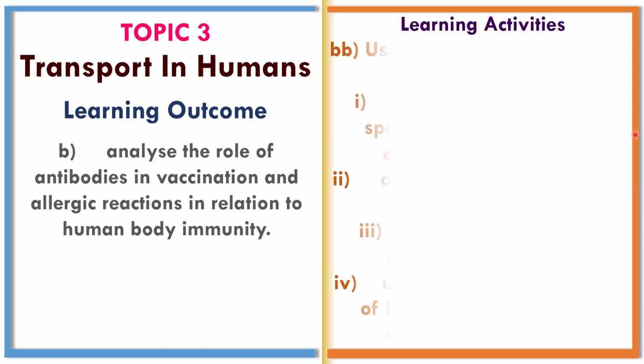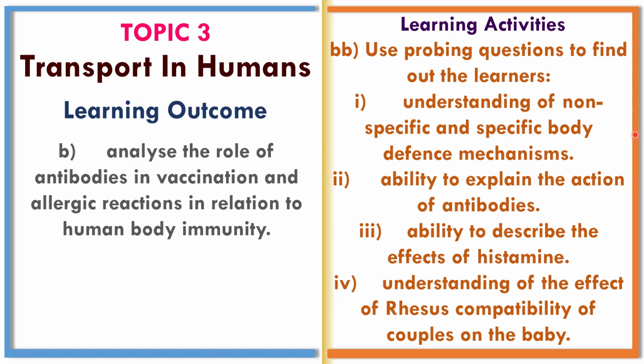We are going to look at learning activity BB, using probing questions to find out the learner's understanding of non-specific and specific body defense mechanism, ability to explain the action of antibodies, ability to describe the effects of histamine, understanding of the effect of rhesus compatibility of couples on the baby.